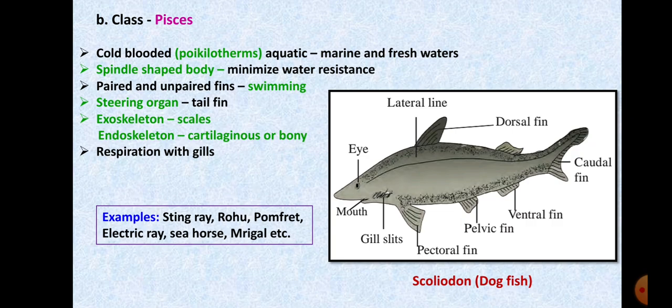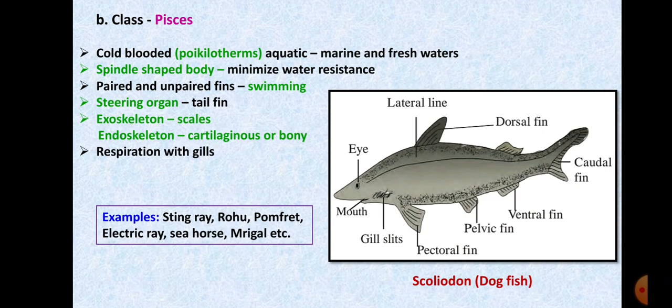The tail fin is termed as or is named as steering organ. Now we all know the function of steering wheel in our automobiles. Similar way here, the tail fin functions as the steering organ.